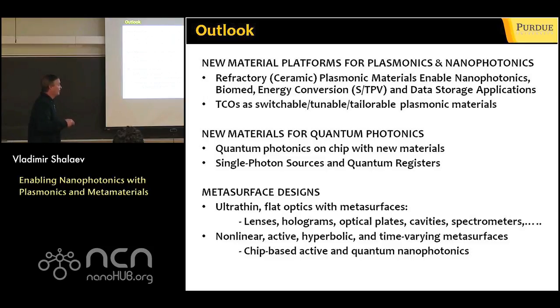So that makes it particularly exciting and enables things like non-reciprocal optics, things like an optical isolator, which is yet another holy grail of nanophotonics. So all this together opens up the possibility of chip-based active quantum nanophotonics. So with this, I basically end this short course within the larger course on plasmonics, metamaterials, nanophotonics, and quantum photonics.